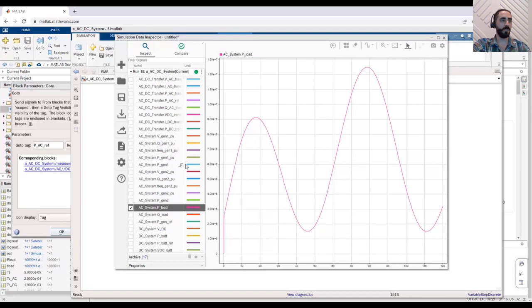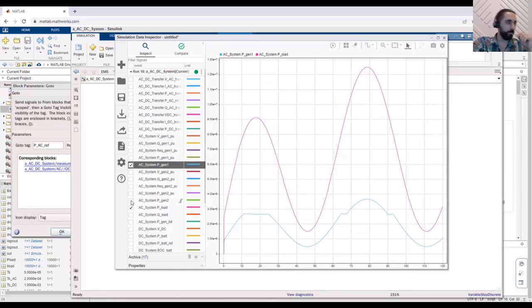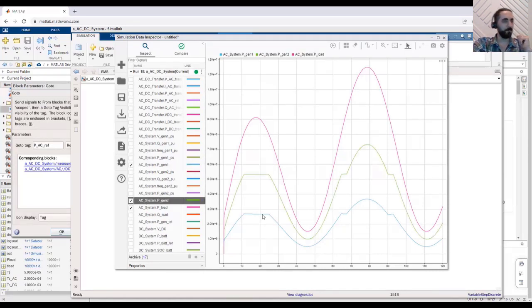Next I want to look at the power generated from the two AC generators, AC system P Gen 1 and AC system P Gen 2. Generator 2 provides twice the power of generator 1 because of the droops.